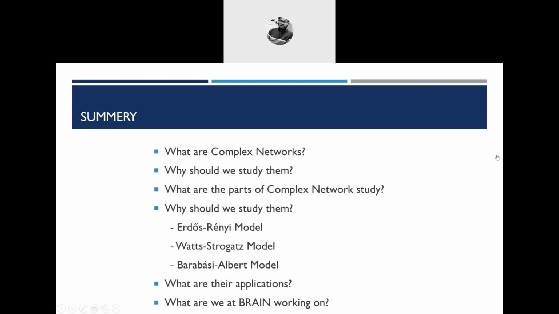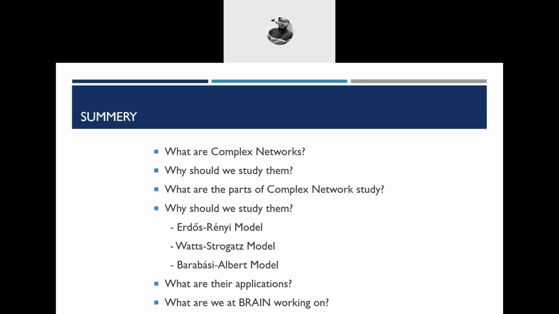Okay. So, to summarize what we have studied in this session: we basically studied what complex networks are, and how to study these kinds of complex networks. Then we asked what the different parts are that are present while studying complex networks.